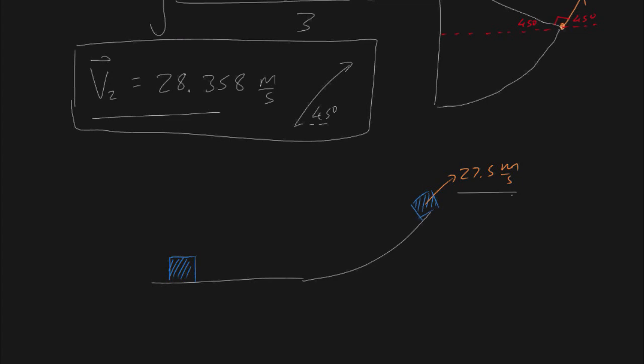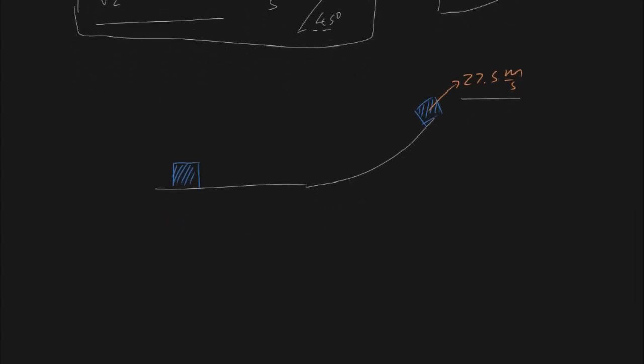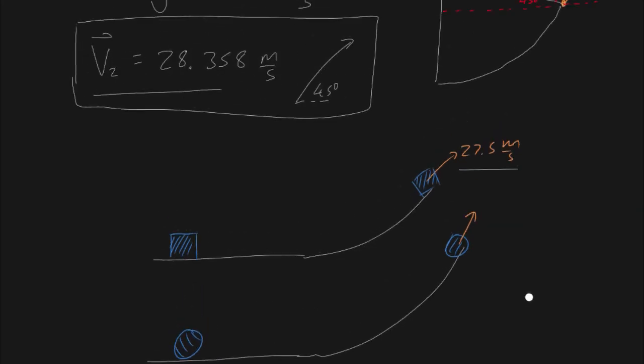Why does the block have a smaller velocity than the disk? And that's because when the disk rolls, and let me just draw a parallel experiment just here so you can actually see. So this is our disk just here with its rolling, and we just proved that it's got a velocity of, what did we say it was? 28.36 meters per second, right?